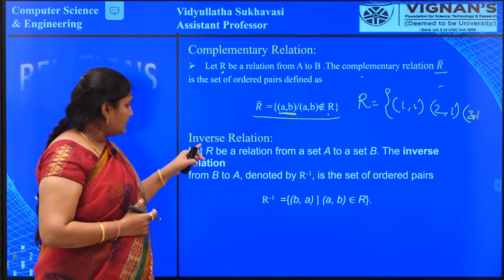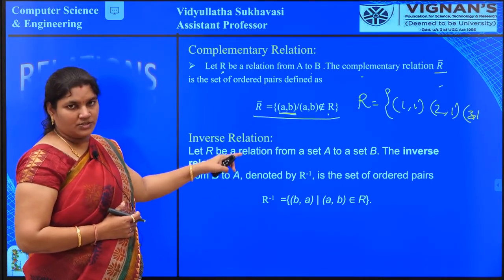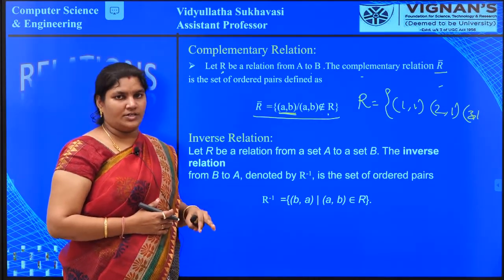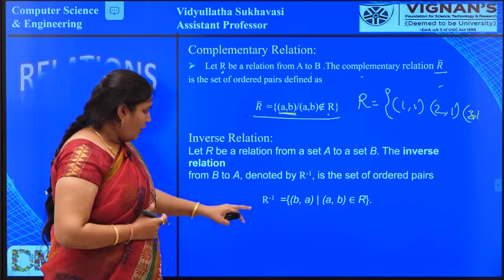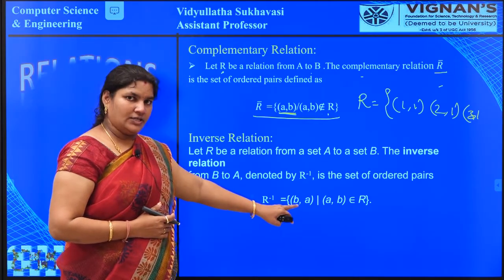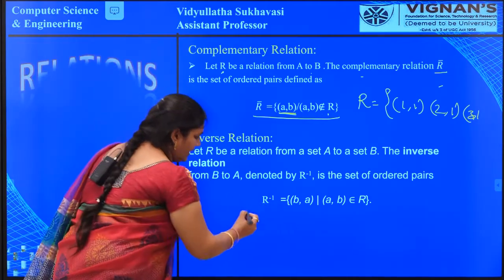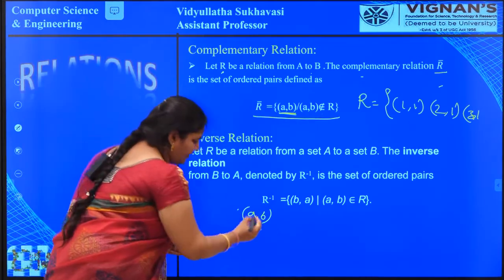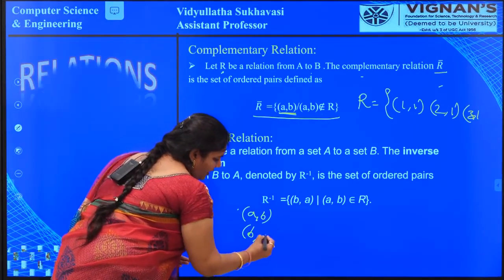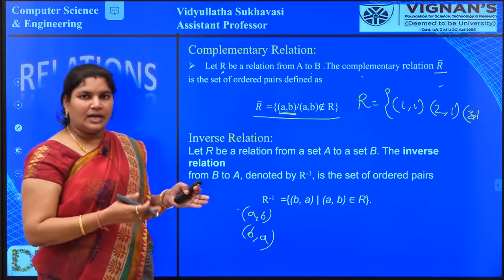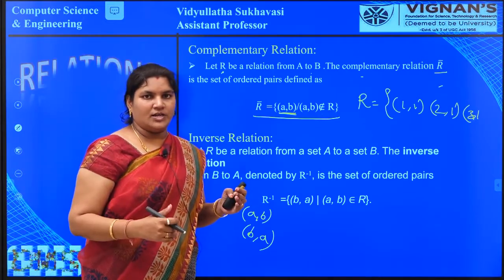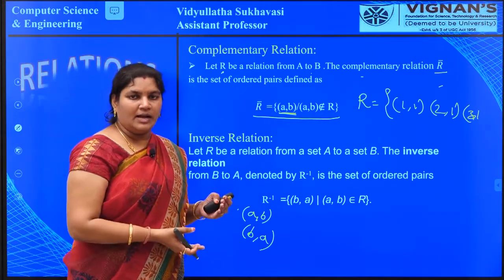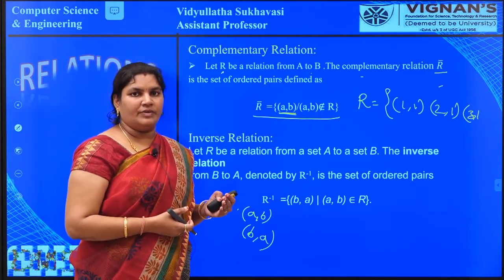And next one is inverse relation. From the relation R, how we are going to represent the inverse relation: whatever ordered pair we have in the relation R, that is if we have A comma B, then for that ordered pair we need to represent B comma A. So if 1 comma 2 is there, in inverse relation we are going to represent 2 comma 1. If 3 comma 4 is there, 4 comma 3 we need to represent.